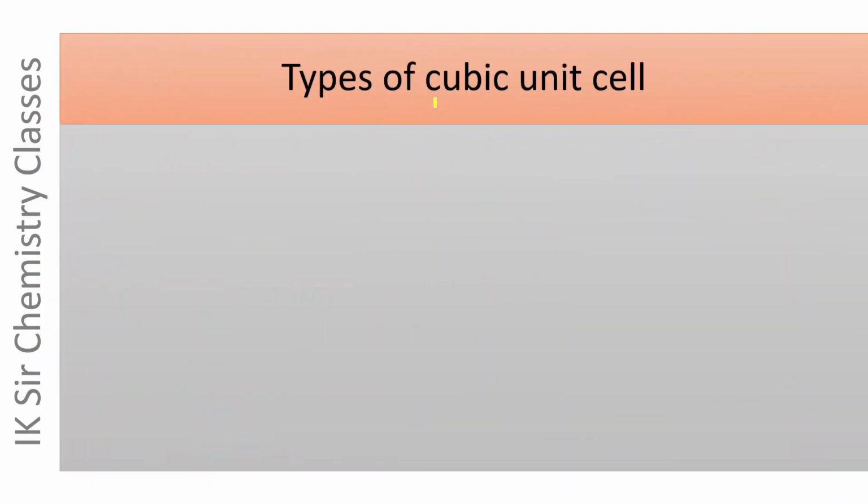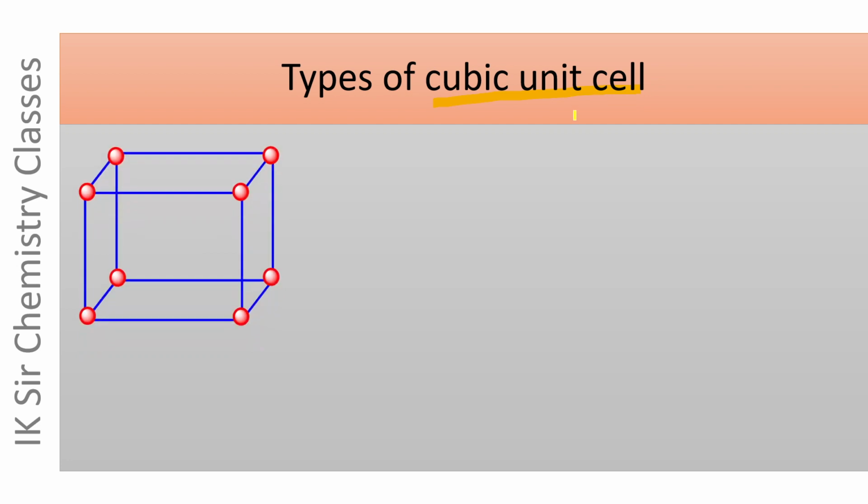Types of cubic unit cell. A cubic unit cell is of 3 types.